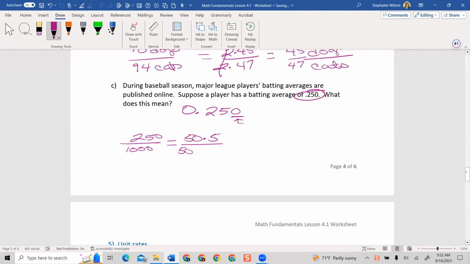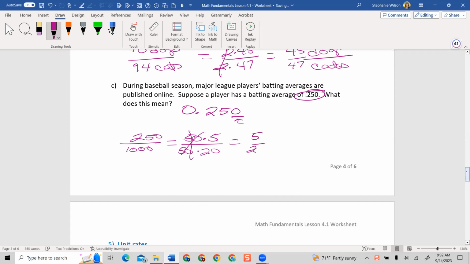So we know that in 1,000 there is 10 sets of 100, so we would double that. So it'd be times 20, right? And if you're not sure, just divide it out, do your long division. So the 50s reduce, and now we can rewrite it and reduce it again.